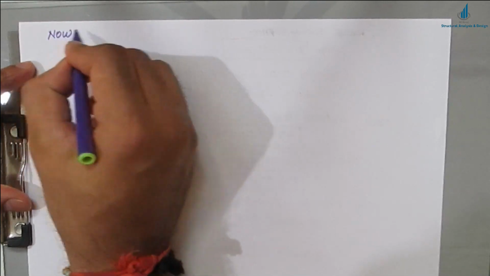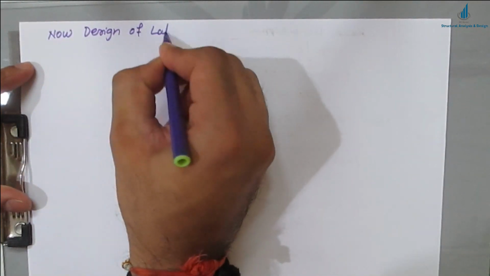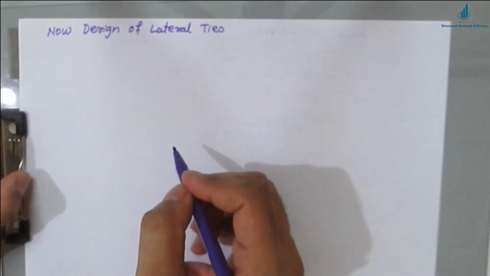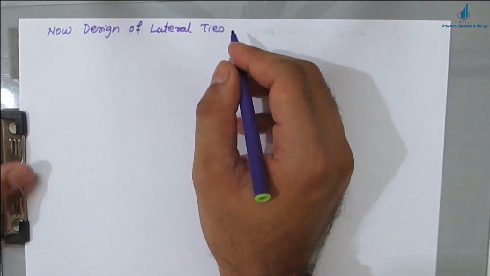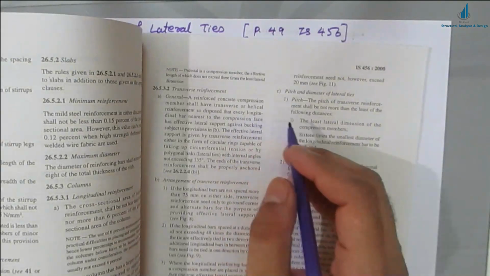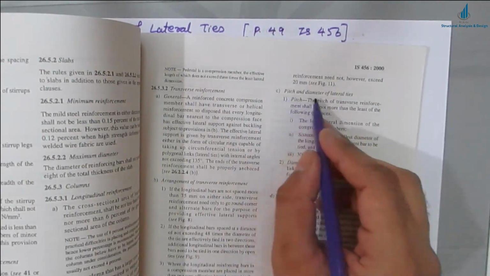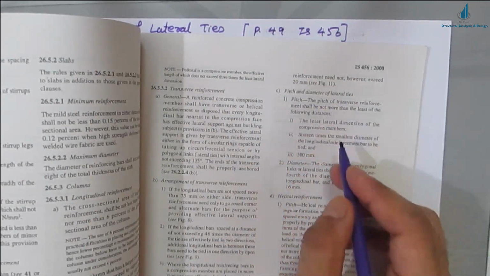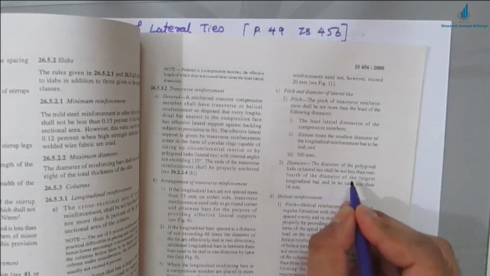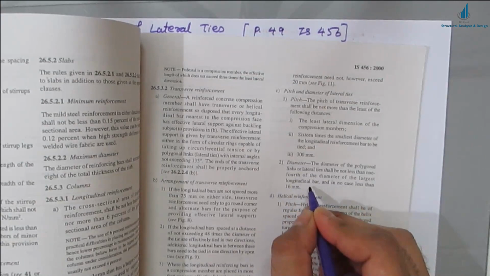Now design of lateral ties. So for this again IS code has given stipulations on page number 49. On page number 49 they have given pitch and diameter of lateral ties. So first we will see diameter, and the diameter should not be less than 1/4 of the diameter used as longitudinal bar.